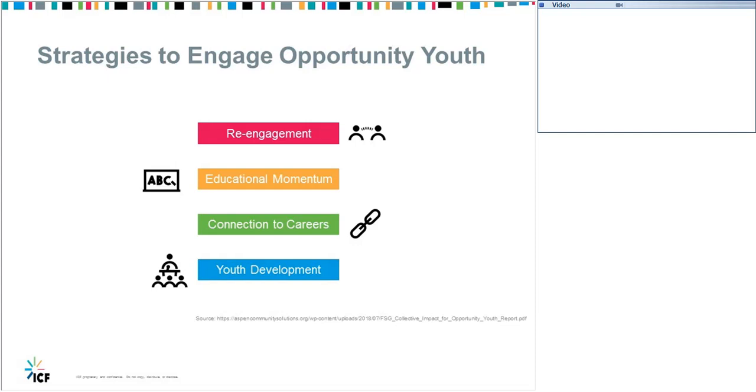So we need to talk about the systemic barriers that face this population. We need to talk about fragmented services. We need to talk about resiliency, and we need to build executive function and stress management techniques in this population.